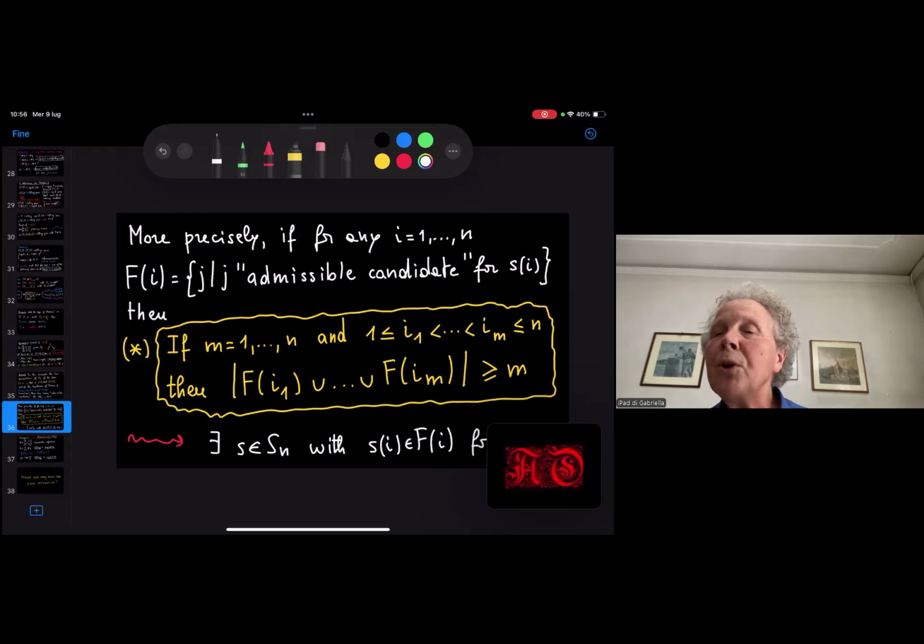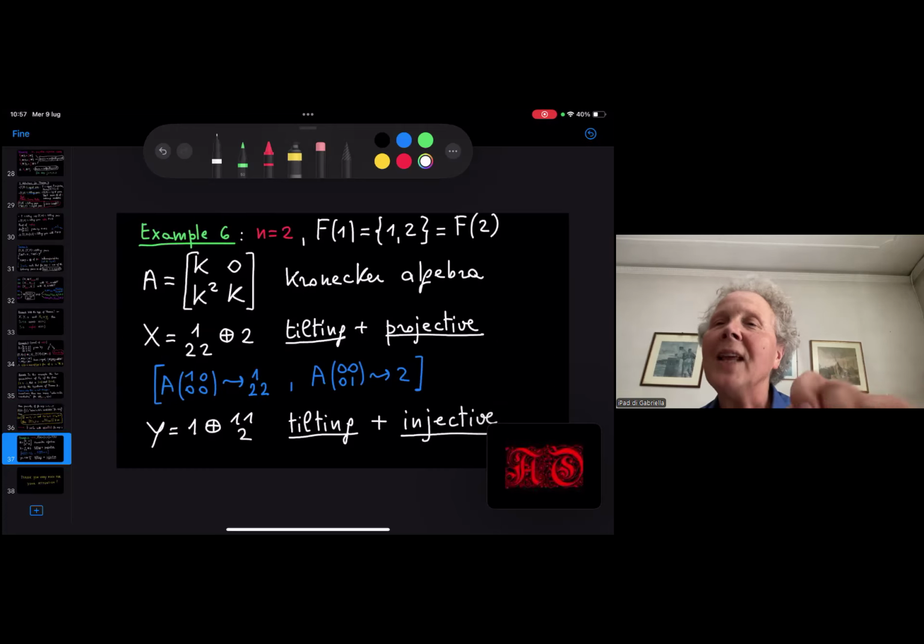And this is the important reason why we can find a permutation S such that Si belongs to Fi for any i. And this is the combinatorial lemma.